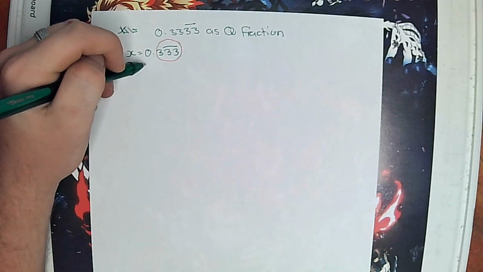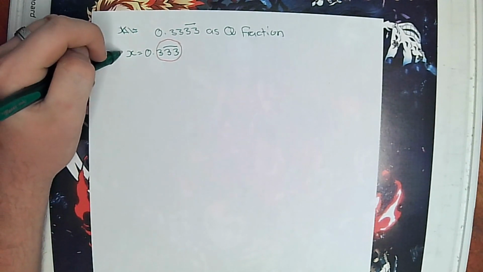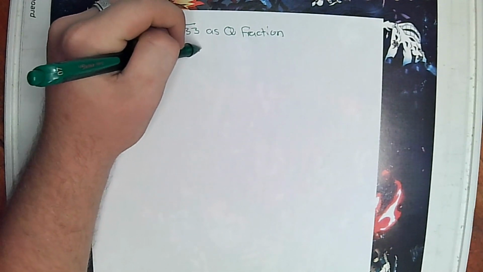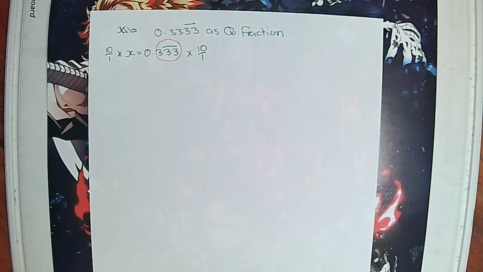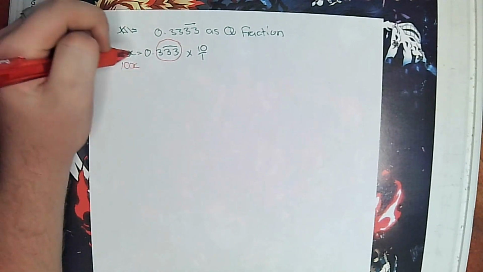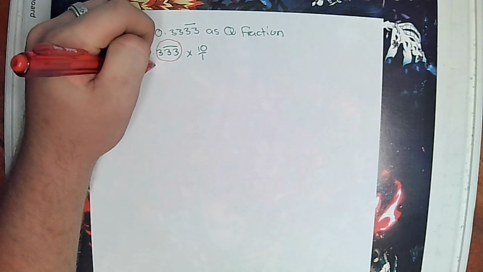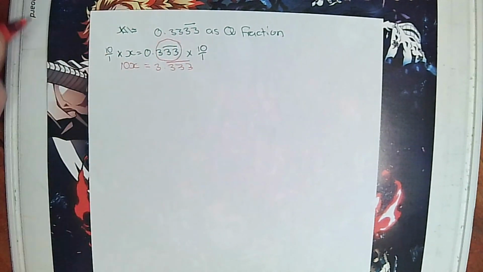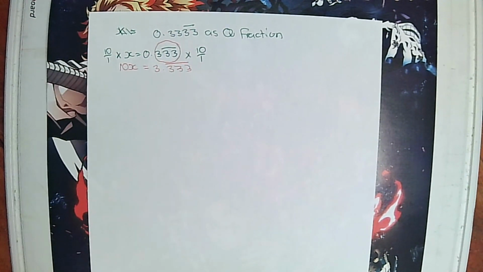So we multiply by 10 on both sides, and that would leave us with 10x is equal to 3.333 never ending, right? Now here's where the elimination step comes in.